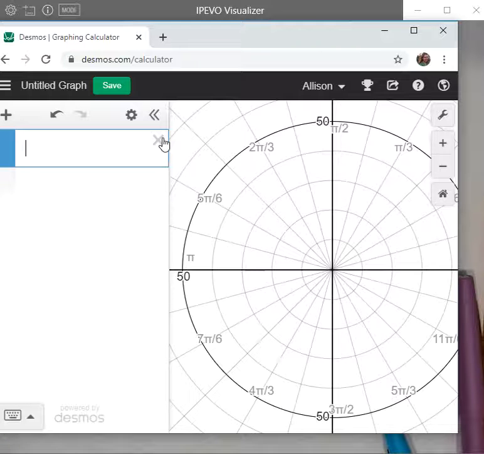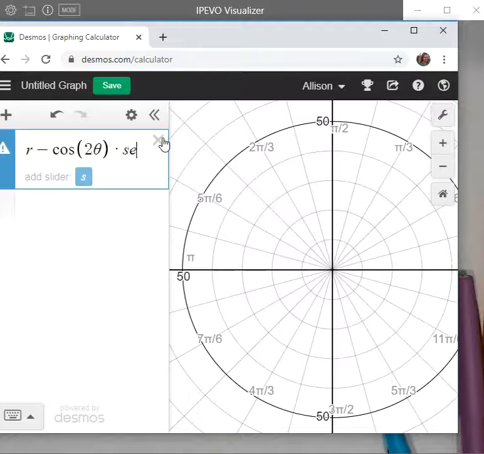We can graph the next one, I don't know how to pronounce it, but like strophoid. So r equals cosine 2 theta, times secant of theta. I think I'm going to do parentheses around this one or I'll have the same problem I had before.